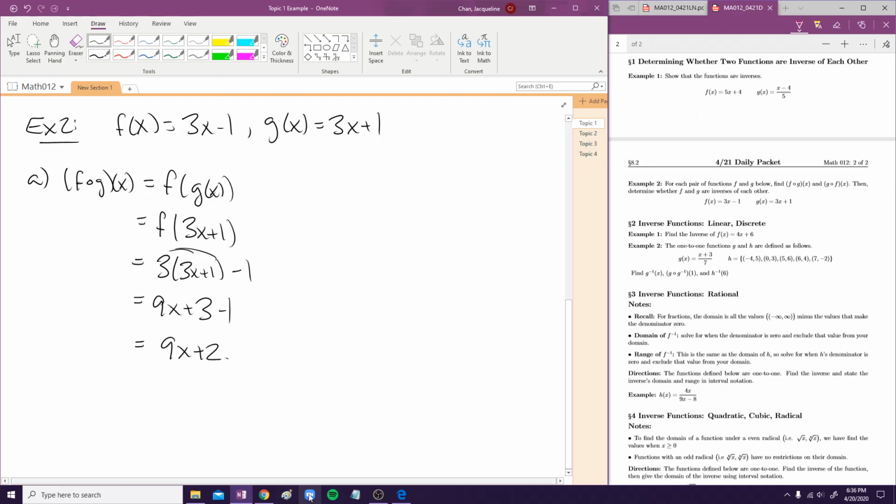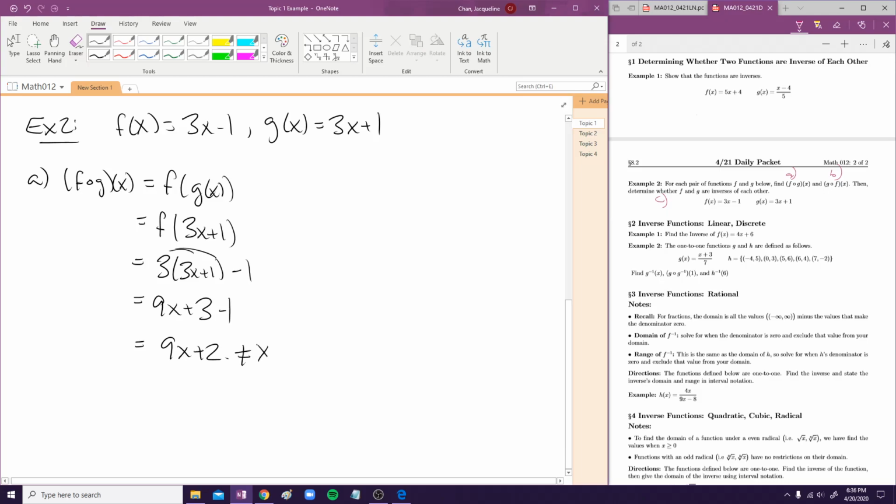So if we get here, if we didn't have the instruction to find g of f of x, we can immediately answer part C. Essentially, I'm calling this A, this is B, and this is C. But from A, from what I know, this does not equal x.